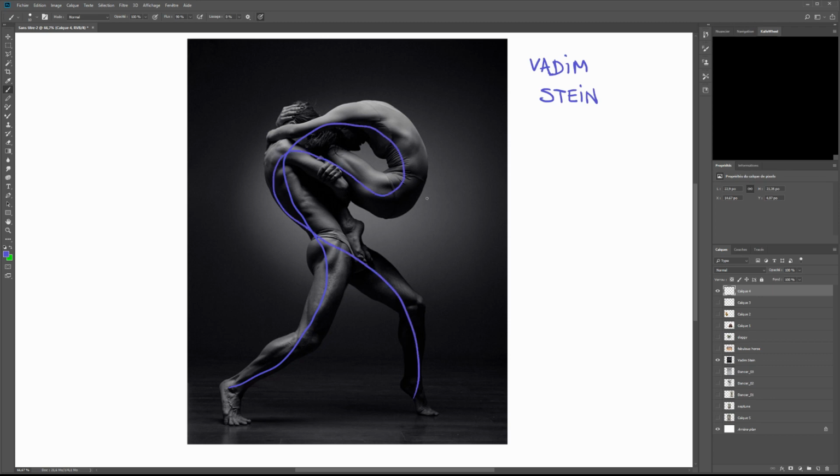And that's the flow of the pose, it's really great, because everything is made of strong curves and breaks.